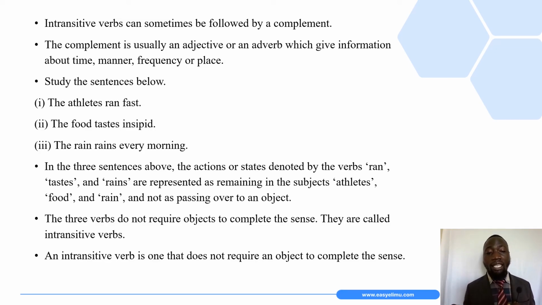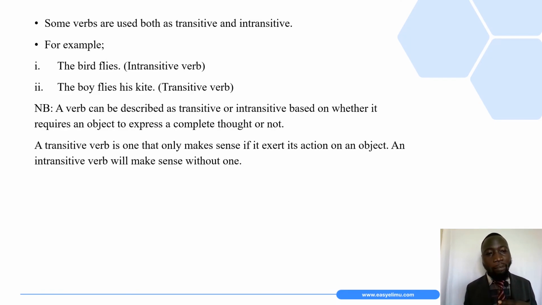But remember, when we are looking at the transitive verbs, we are able to notice that they have direct objects that receive the actions. And again, you should also have in mind that some verbs are used both as transitive verbs and intransitive verbs.